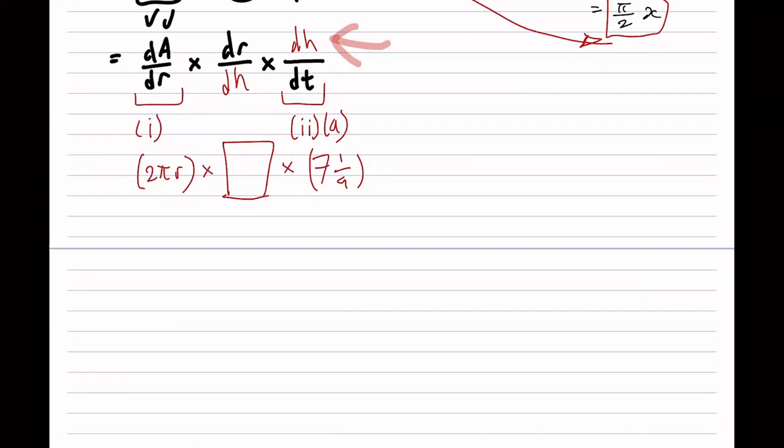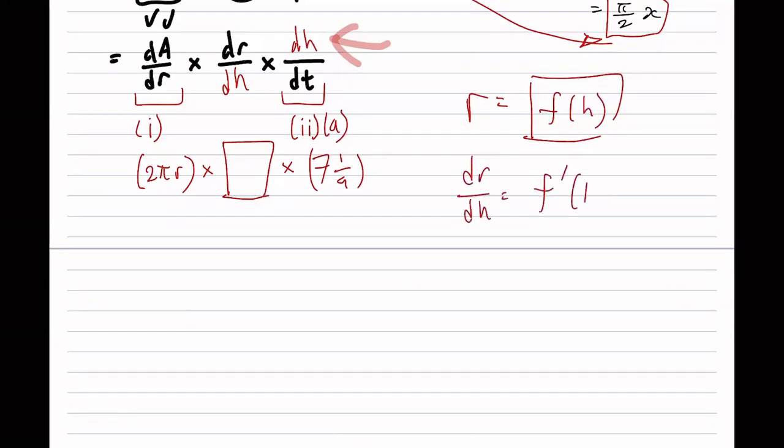Whenever you see two letters, R and H, the letter at the top, the letter at the bottom, it means we need an equation where the top guy is the left-hand side, so R equals. Then the right-hand side is a function of H, f of H, so that we can find dr by dH, which is f prime of H. I haven't been using the f prime notation, so I just hope you still remember this notation.